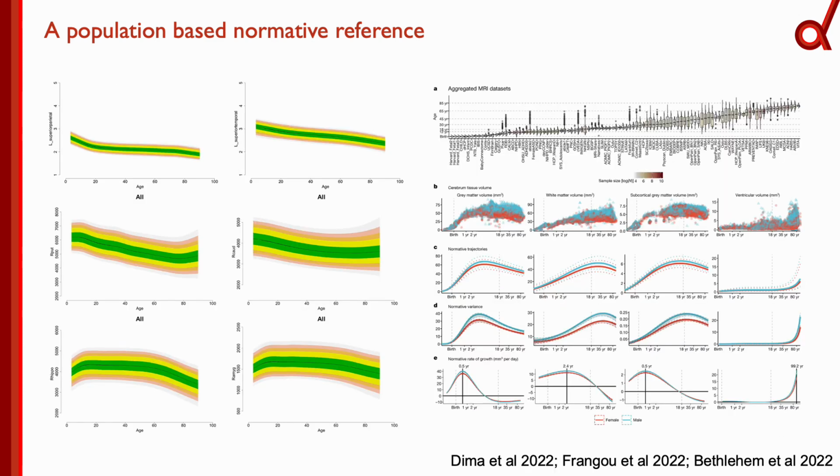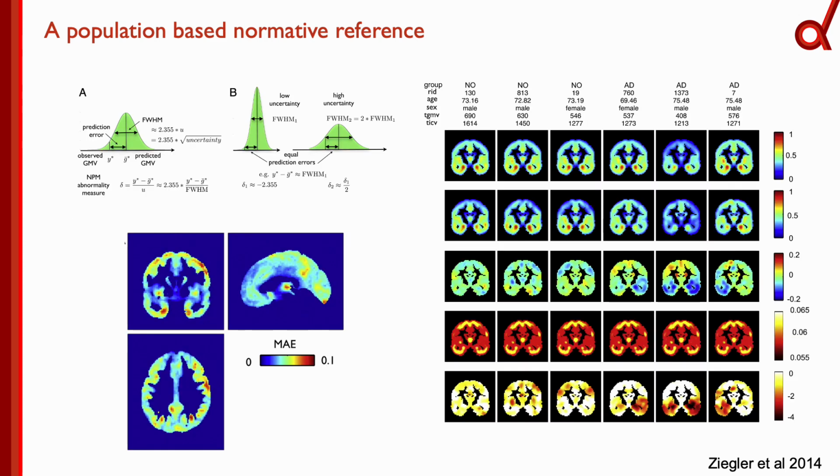Of course, there are other approaches that have done a similar thing. I'm showing you a couple of them here. But one I would really like to highlight, it's been somewhat overlooked in the field, is this paper by Gabriel Ziegler, which was almost a decade ago, using this kind of normative modeling approach at the voxel level to understand individual variation in, for example, dementia.